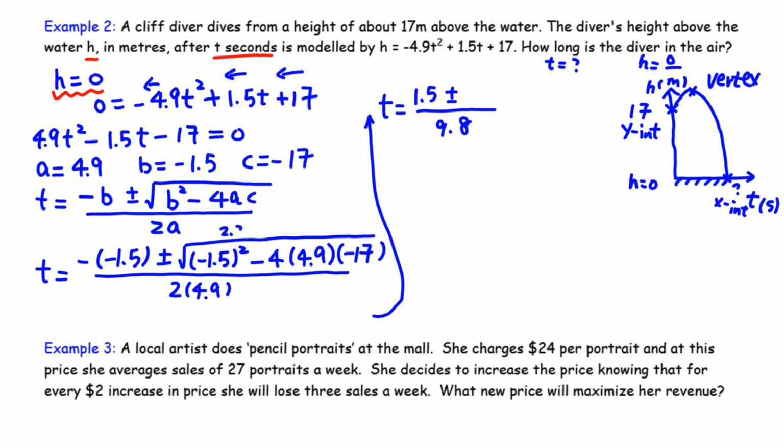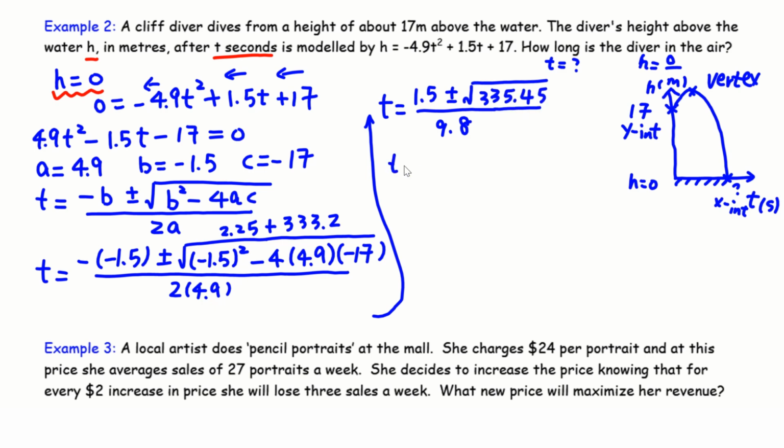Then times 4ac together, negative and negative gives positive. Then you will have 333.2. Then the square root gives you 35.45.